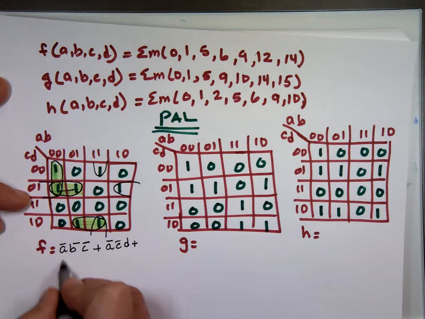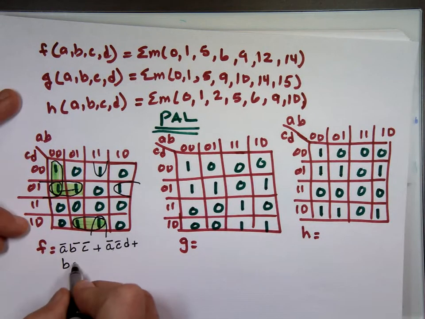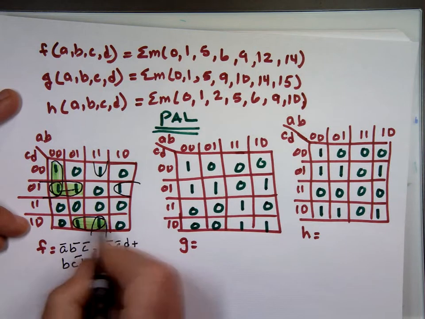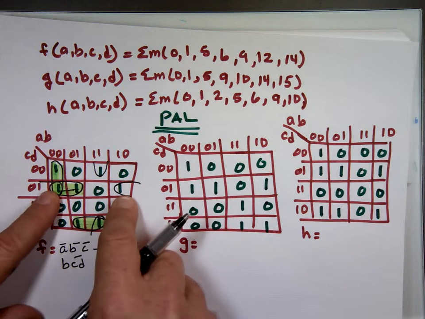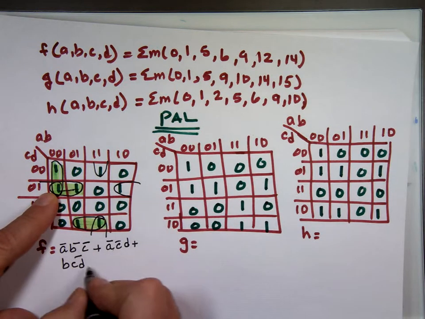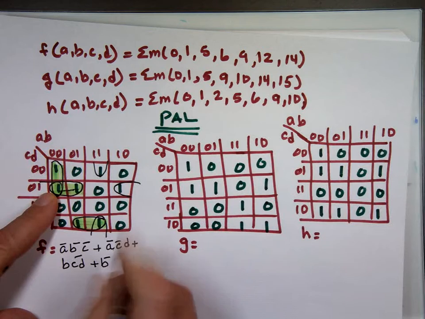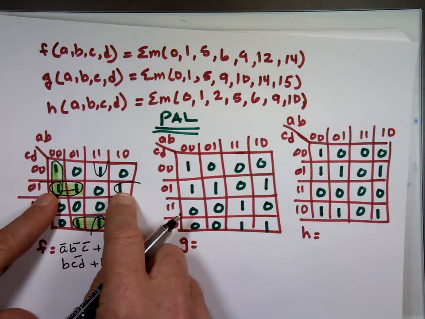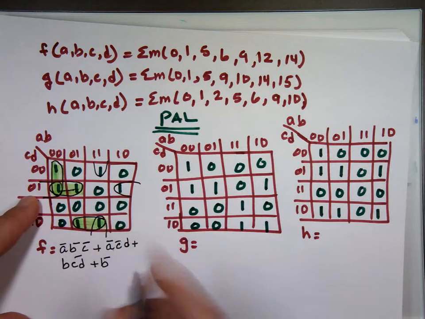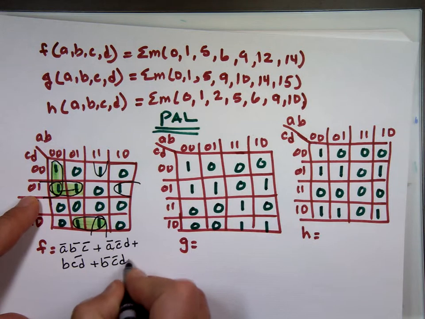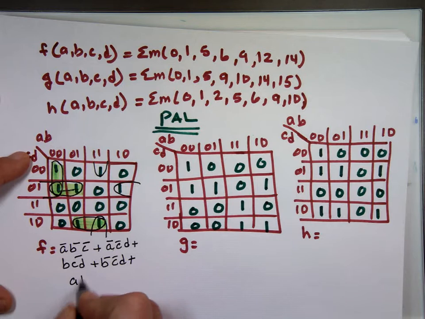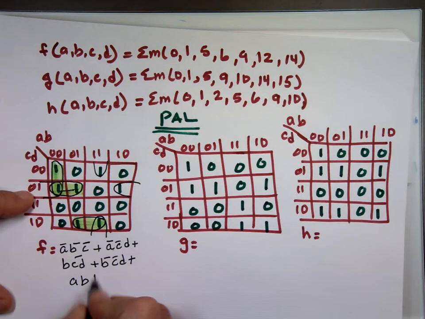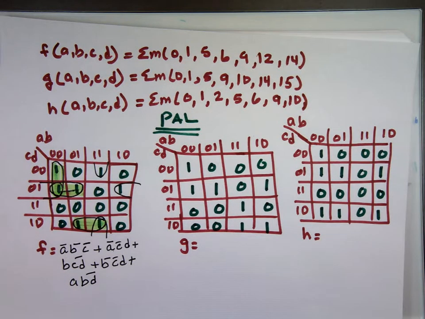B, C, D naught. This with this, these corners. And that looks like what? B naught, C naught, D. And finally the top and the bottom, which is what? A, B, D naught. That's already 5 of them.